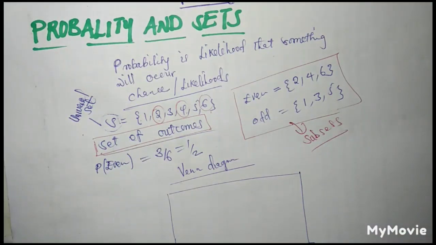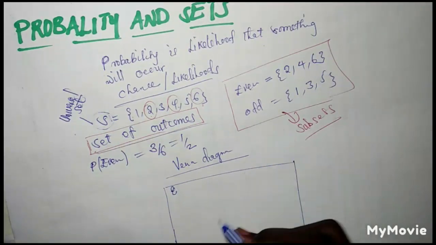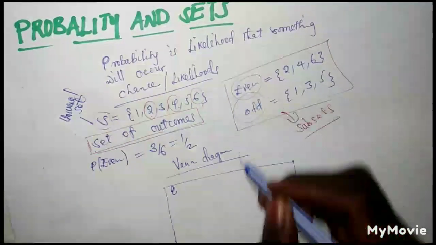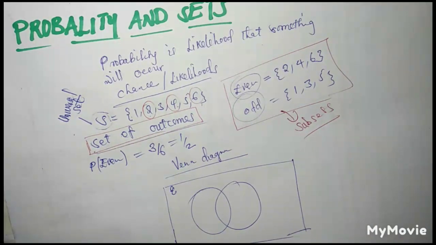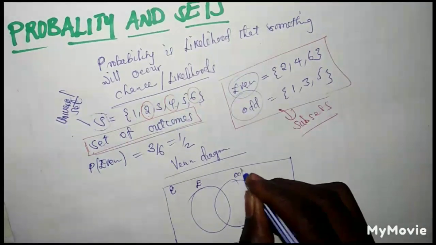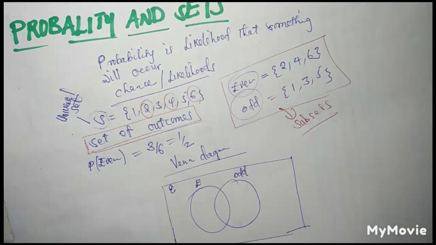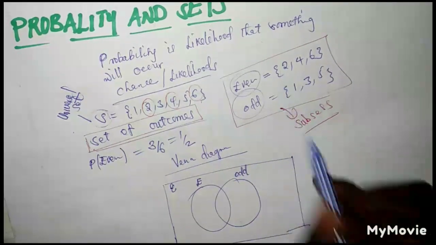Then we have the even and odd numbers. So it is going to be like this, then even and odd. Okay, so we are going to write this.